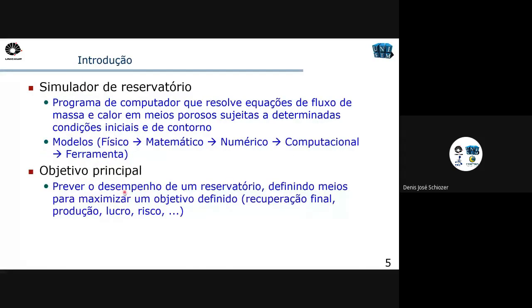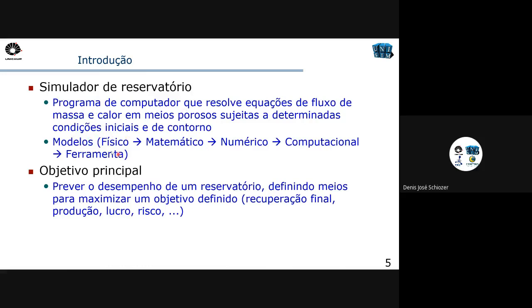So the main objective of our course in simulation is to predict, to forecast the behavior of the reservoir. And doing this, I can also have other objectives like maximizing an objective function, maximizing oil production, or NPV, or minimizing risk, and so on. In order to do that, we are going to write a computer program that tries to mimic the behavior of the reservoir using these equations.